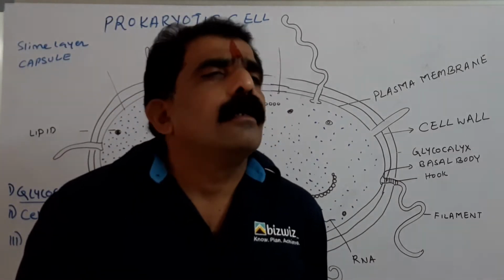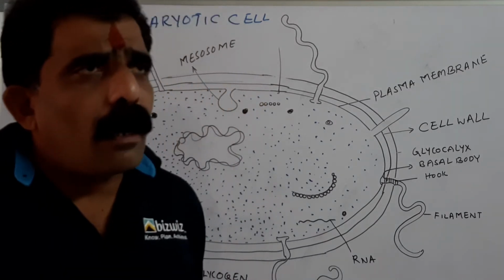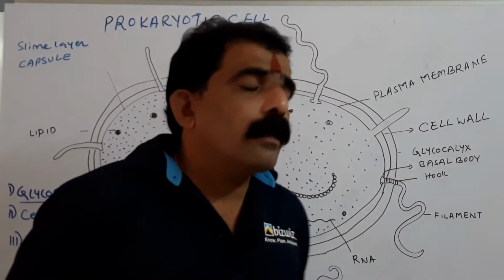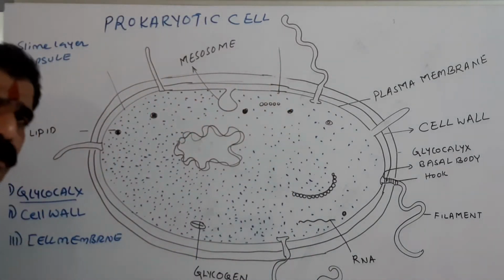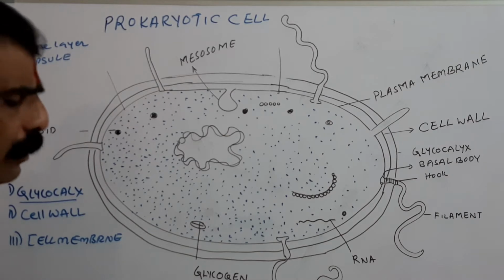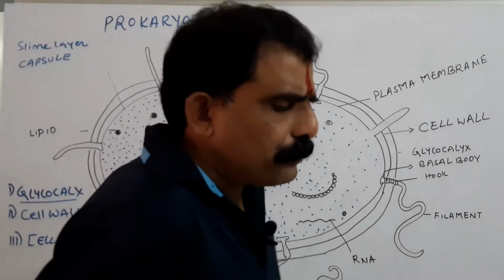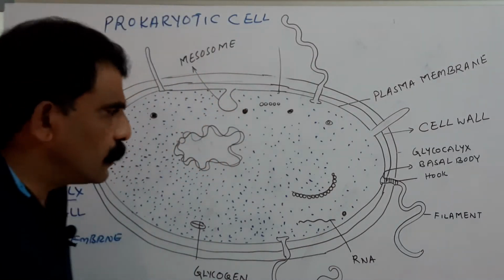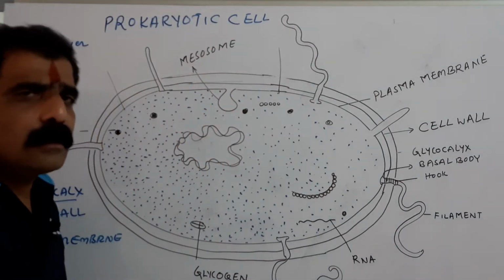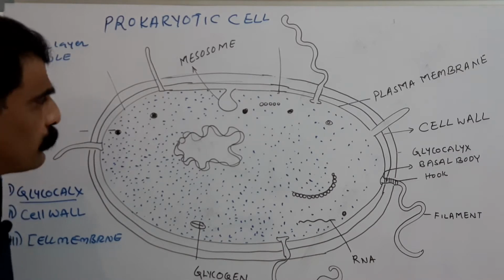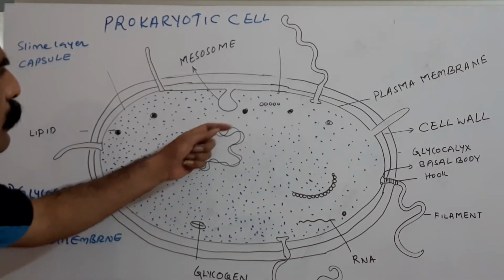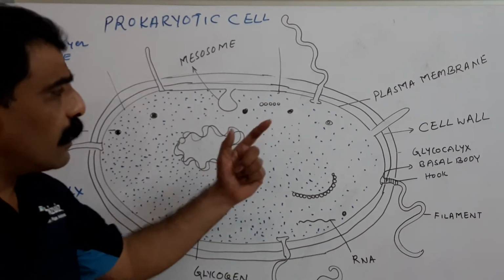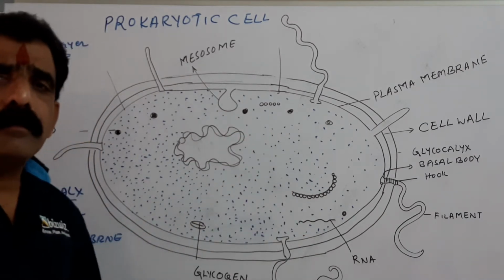It may be in the form of a slime layer or a capsule. The slime layer is loosely attached, the capsule is tightly attached. Whichever it may be, they are made up of polysaccharides and even some proteins, in chemical composition.